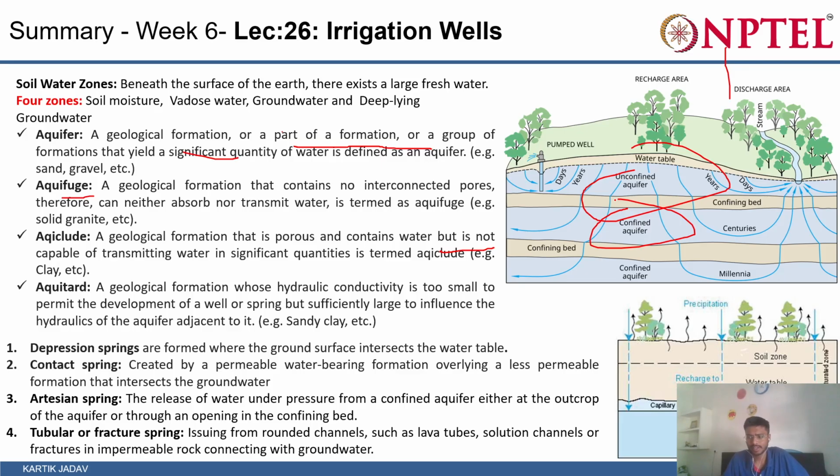Generally, an unconfined aquifer is defined as one whose bottom layer has a confining bed, meaning it is not able to transfer much water, and whose upper surface is directly in contact with atmospheric pressure. While a confined aquifer lies in between two confining beds. And a leaky confined or semi-confined aquifer is one where either the upper bed or the lower bed of the surface is leaky in nature.